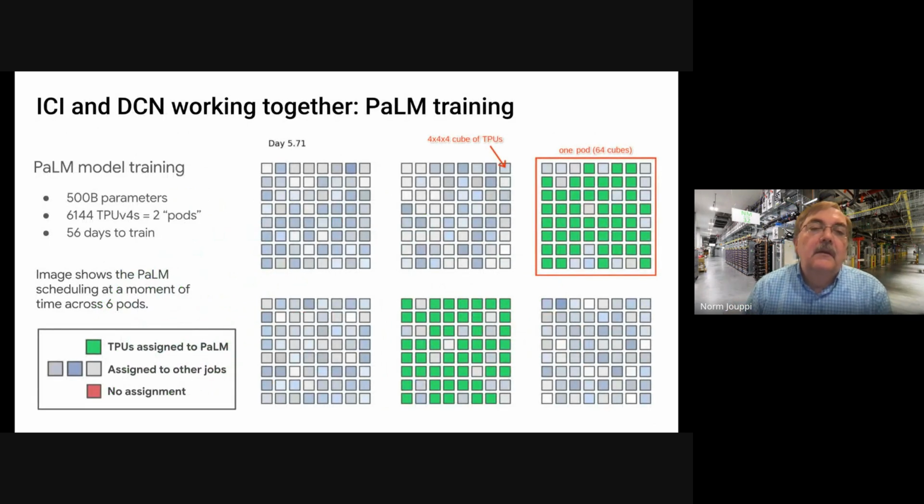Okay, and the process of it can be quite dynamic. So as the training's going on, machines go down, some machines get new software installed.